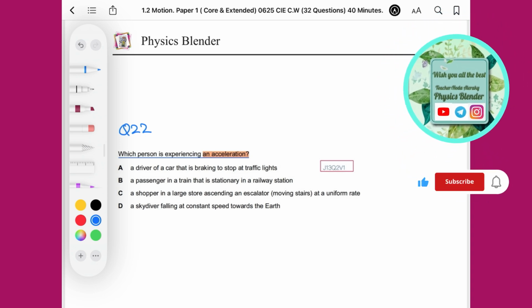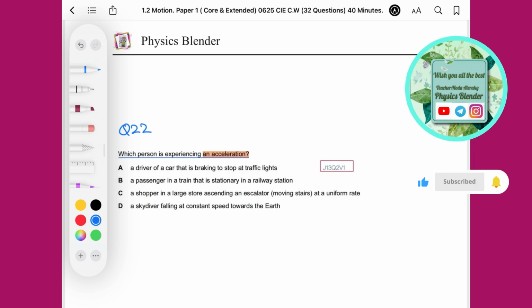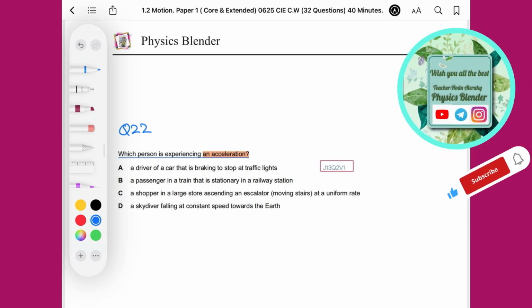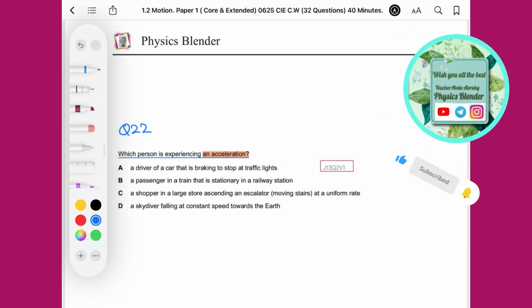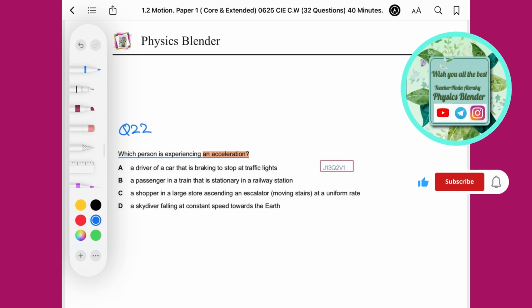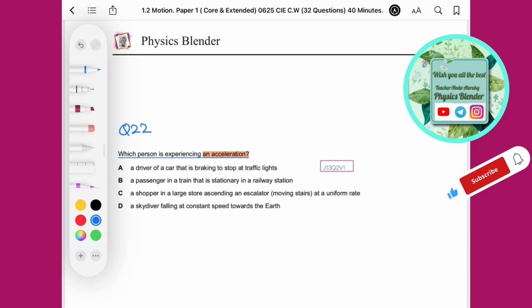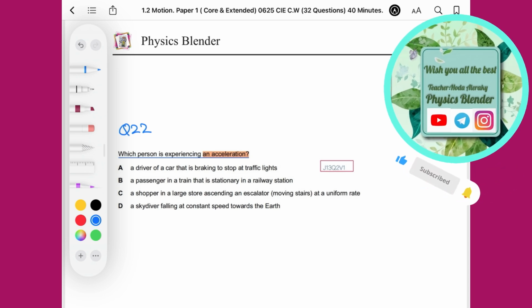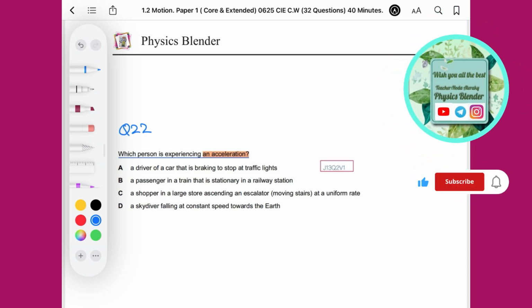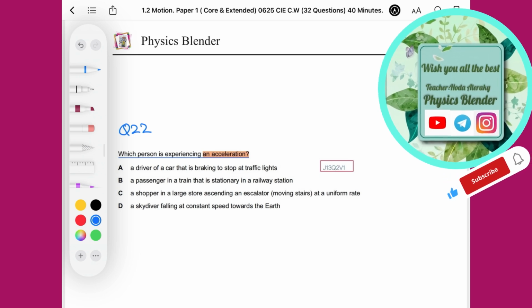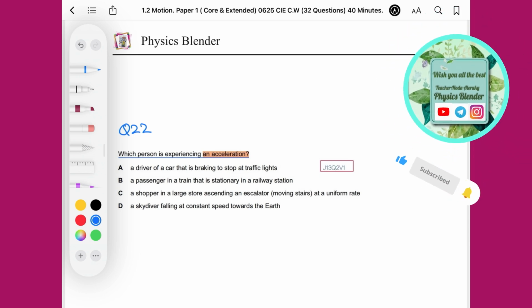It means the speed is decreasing, which means the speed is changing. Changing speed means acceleration. And here, acceleration in general. Maybe you will say it's deceleration. Okay, deceleration is a type of acceleration.